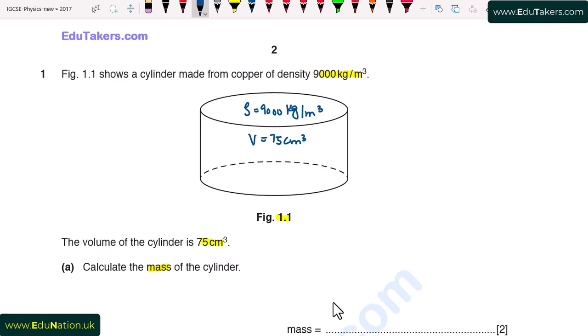So first of all, I write here the formula that density is equal to mass per unit volume. From here we have to find out mass. So mass will be equal to the product of density and volume of the cylinder. Volume is given as 75 centimeter cube, and we have to convert this into meter cube. So I write here 75 multiplied by 10 to the power minus 6 meter cube.